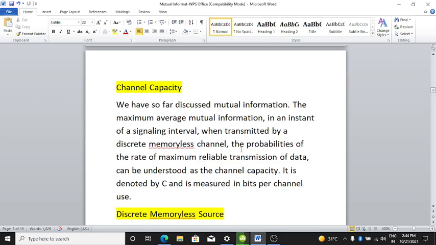The maximum average mutual information in an instant of a signaling interval, when transmitted by a discrete memoryless channel, gives the rate of maximum reliable transmission of data, which can be understood as the channel capacity. It is denoted by C and is measured in bits per channel used.